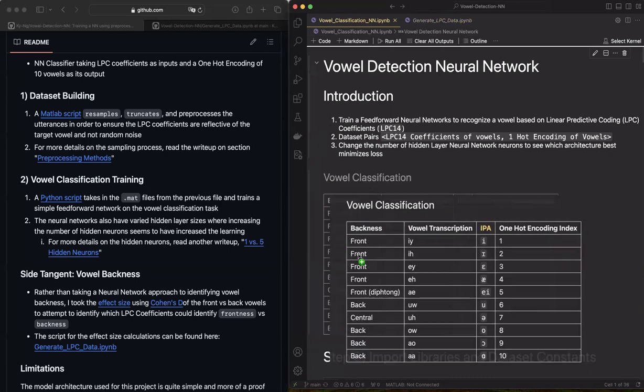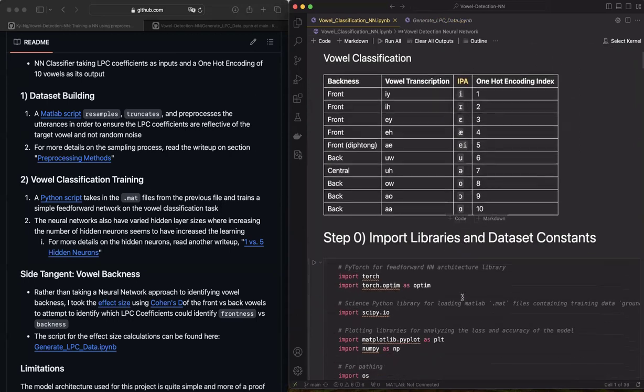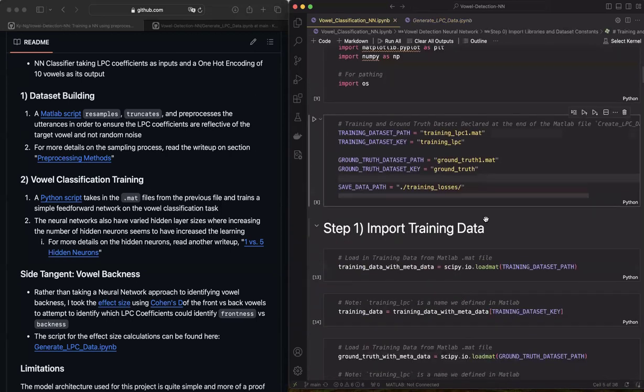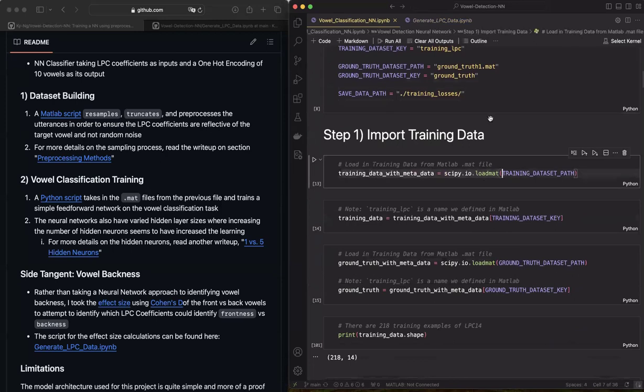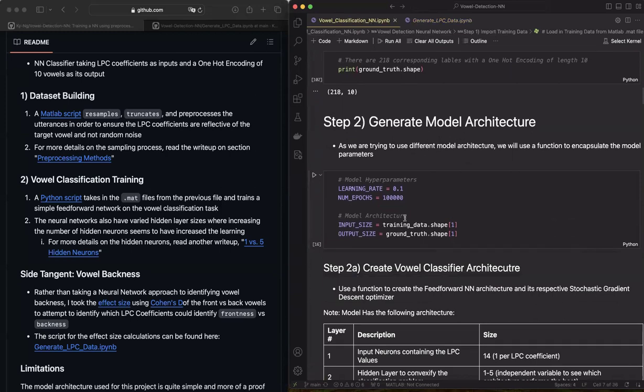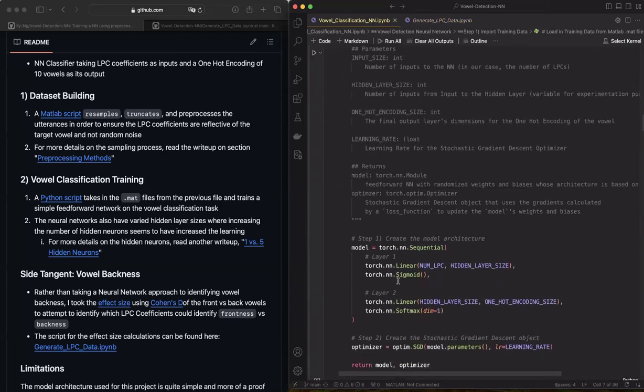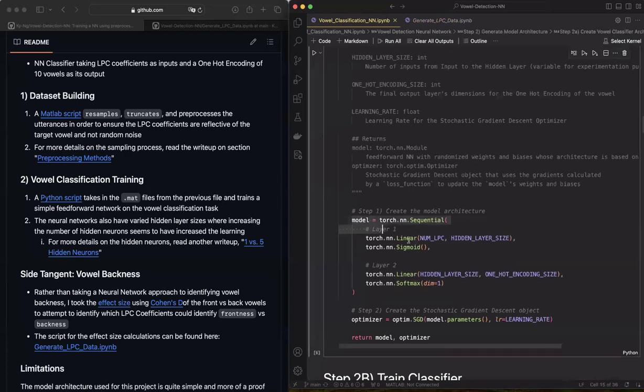So here are the vowels that we're trying to classify: E, I, A, U, O, A. And what we're going to do here is load them in from our MATLAB file. So it's, again, an equivalent of this data over here. And we're going to load them in as tensors. So we'll do this over here. That will be passed through our models.